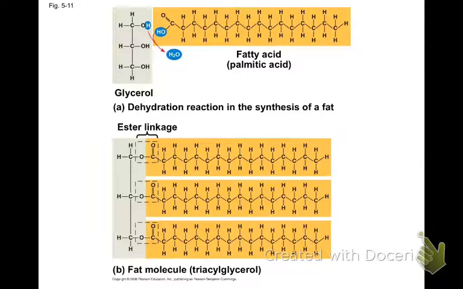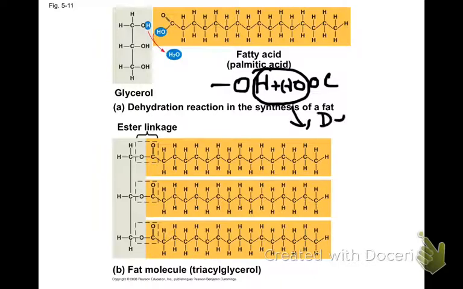So in this, if you notice, the alcohol and the carboxyl group, which means the OH and the COOH which is present between the two, they lose a water molecule, kind of like this, and that is called the dehydration reaction.